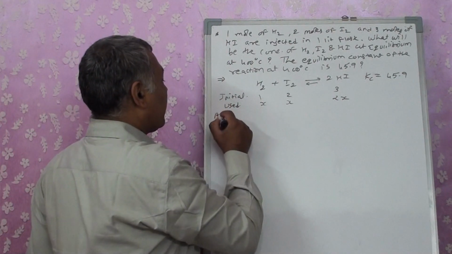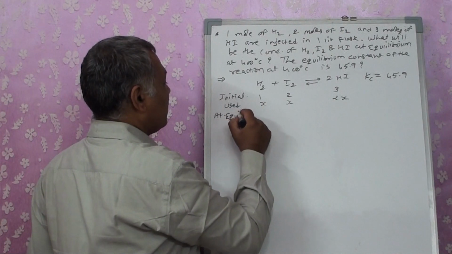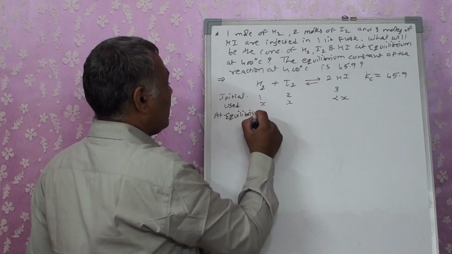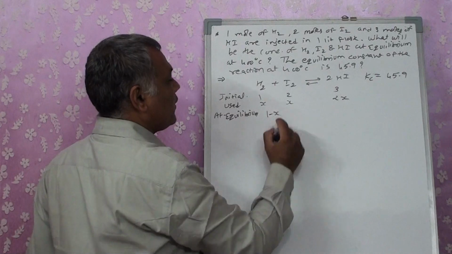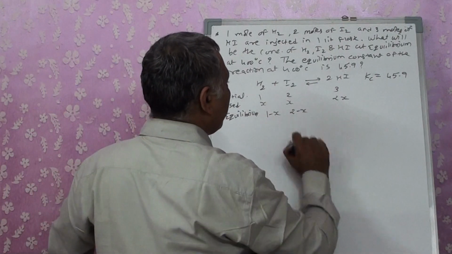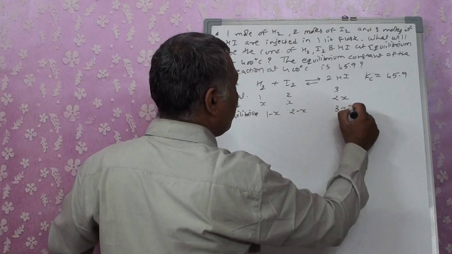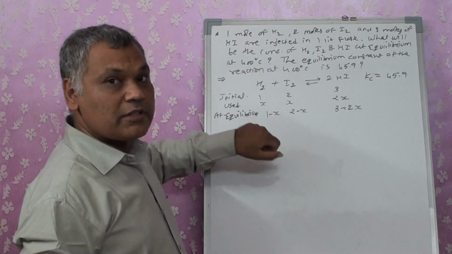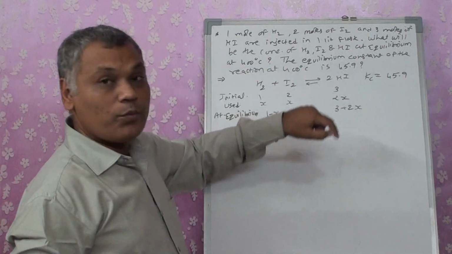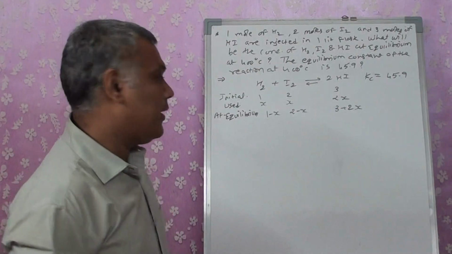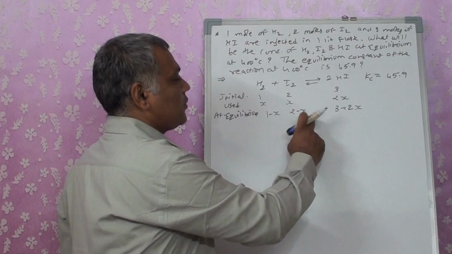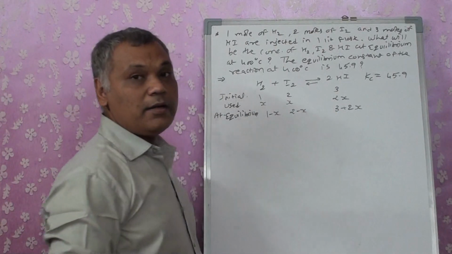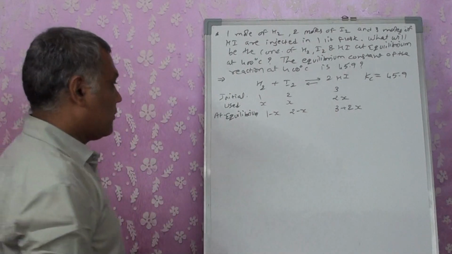So at equilibrium we will be having 1 minus X, 2 minus X, 3 plus 2X, because this is used up, so we subtracted it, but this was produced, so that is added. So we got 1 minus X, 2 minus X and 3 plus 2X.